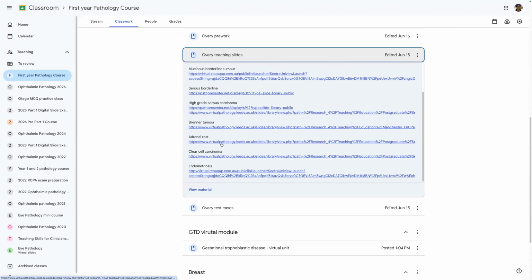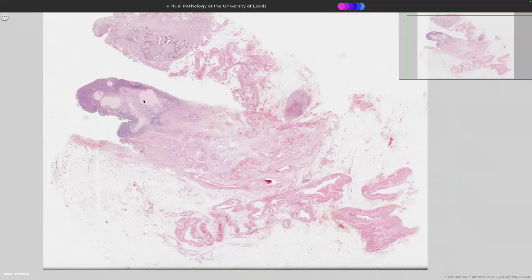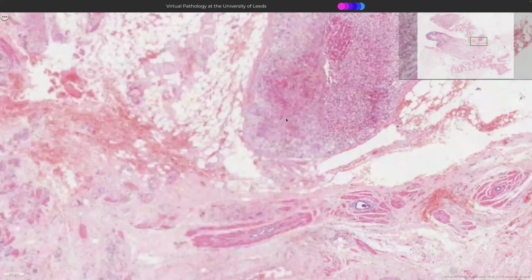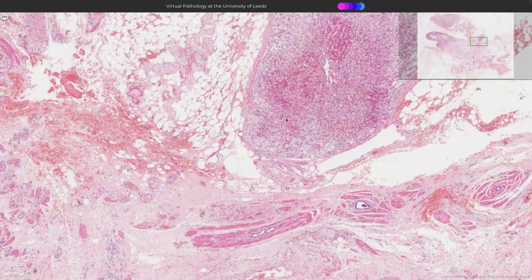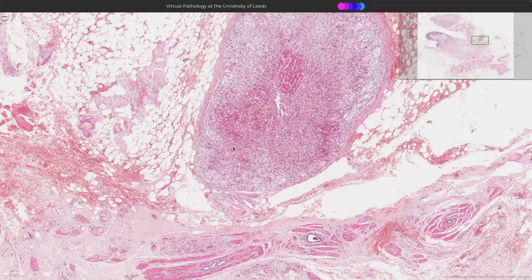All right, back to this one. The thing I'm really going to show you here is this thing, which is the adrenal rest, which can look a bit alarming the first time you see it. But we're going to have a look around at all the other soft tissue ditzels that we find as well.